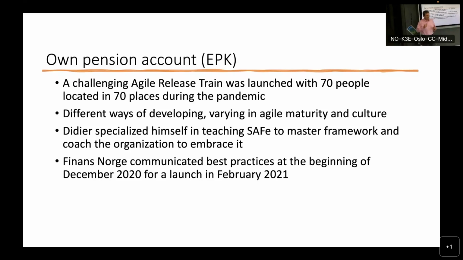And Finance Norge said, if we give the common people the opportunity to control their own pension, we cannot let them gamble. So they started to say, you should follow the practice of MiFID II. So I guess there will be a change in 1 or 2 years. The pension may be under MiFID II, which is how you control the money.